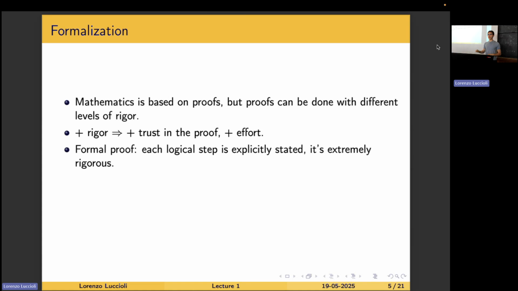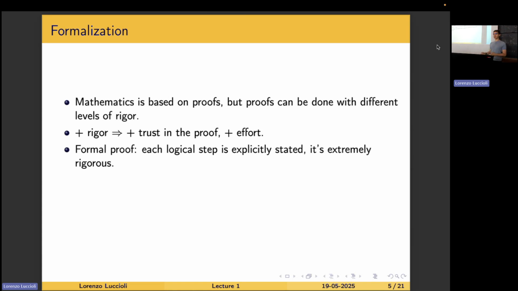We can write a formal proof on paper. But is it really going to be more trustworthy than a math paper, for example? Well, I don't think so, because we're still humans and we make mistakes even when we do simple things. So even if I'm doing a proof with 1,000 steps, which are formal, there is some chance that I get something wrong. But then here's the catch with formalization.